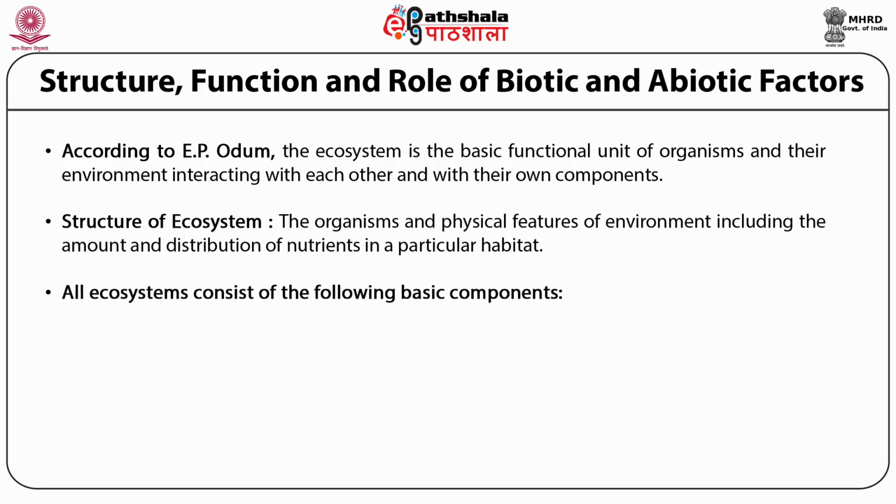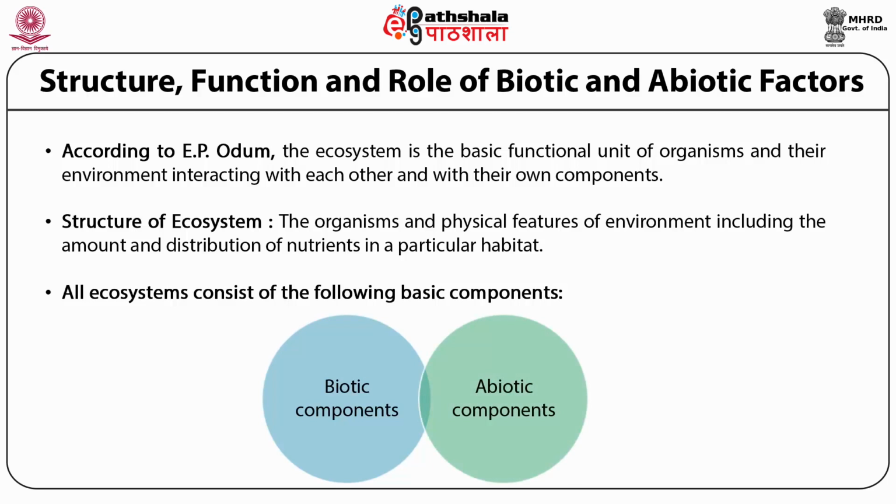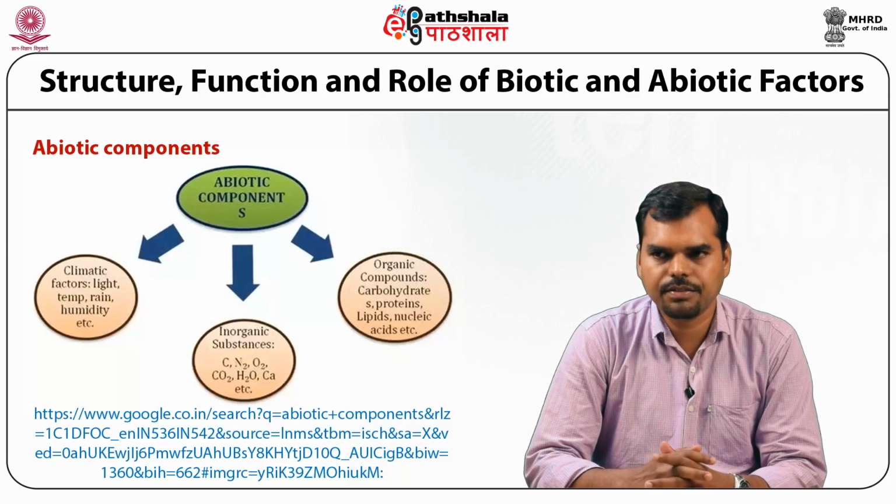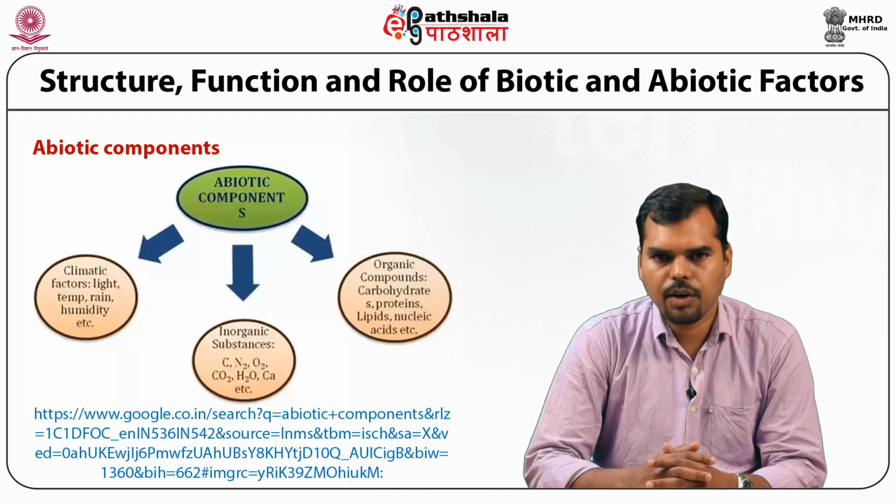All ecosystems consist of the following basic components, which are called biotic components and abiotic components. When considering the environment, these biotic and abiotic factors and the interaction within the factors are very crucial. To understand these environmental components like the biotic and abiotic systems, we have discussed a lot of interaction among these systems.